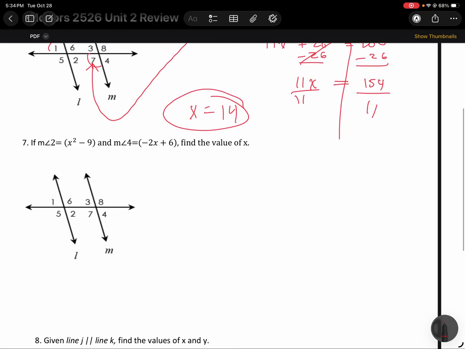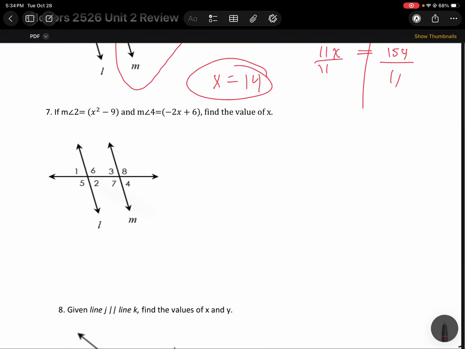All right, this next question, this time I have angles 2 and 4. These are going to be corresponding. So this implies that they are congruent. So x squared minus 9 is equal to negative 2x plus 6. So this exponent implies that I need to factor.